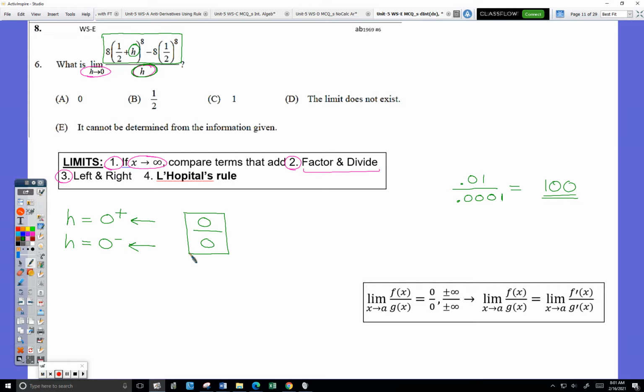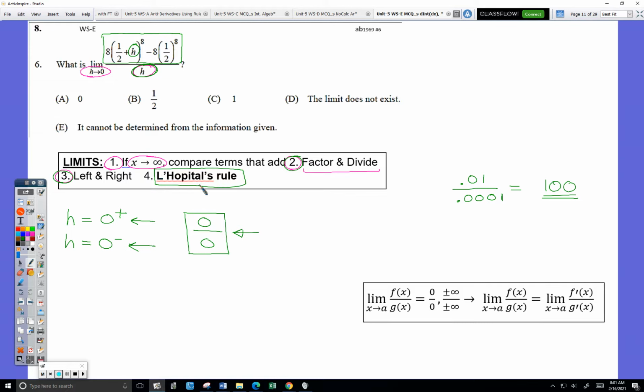Okay. Prior to today, if we were trying to solve a limit and we ended up with close to 0 divided by close to 0, that was usually an indication that we had forgotten step 2. We'd forgotten to factor and divide. Today we learned a new rule called L'Hopital's rule. It's named after a French mathematician, L'Hopital.